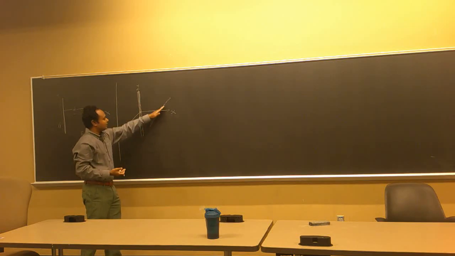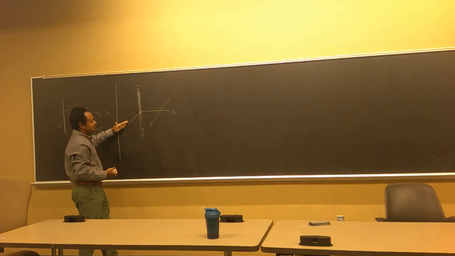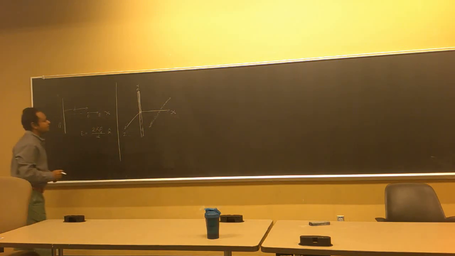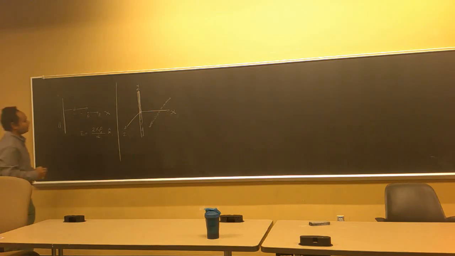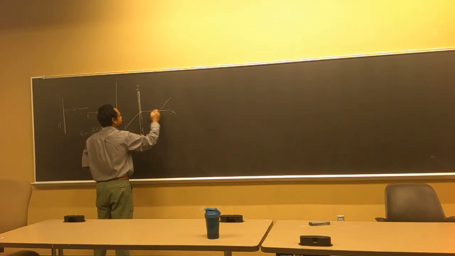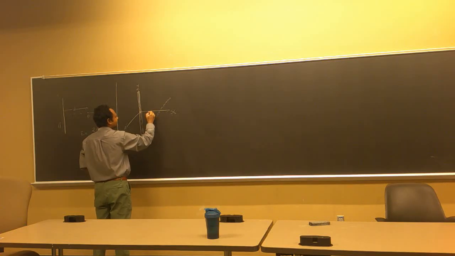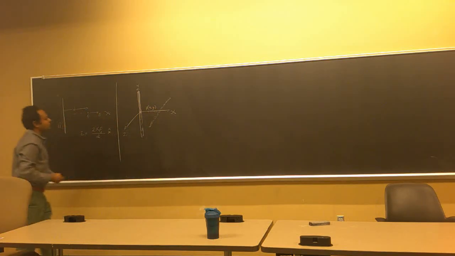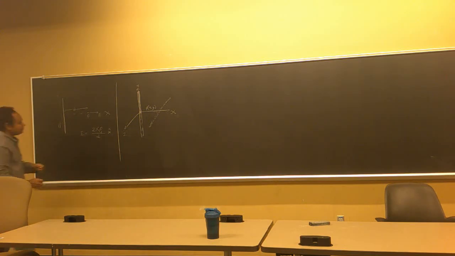Okay, the wire is parallel with the z-axis. So if this is the situation, how can I calculate an electric field, let us say at this point P? And what would be the direction of the electric field for such a situation?